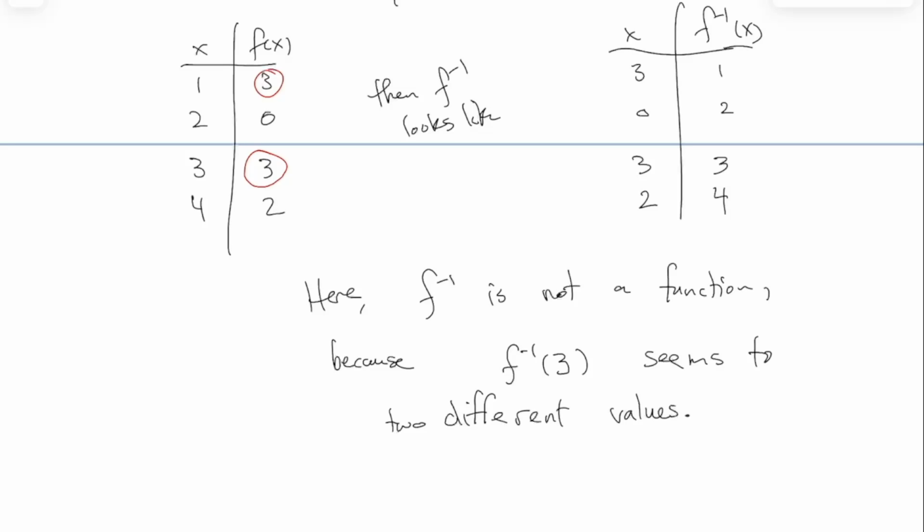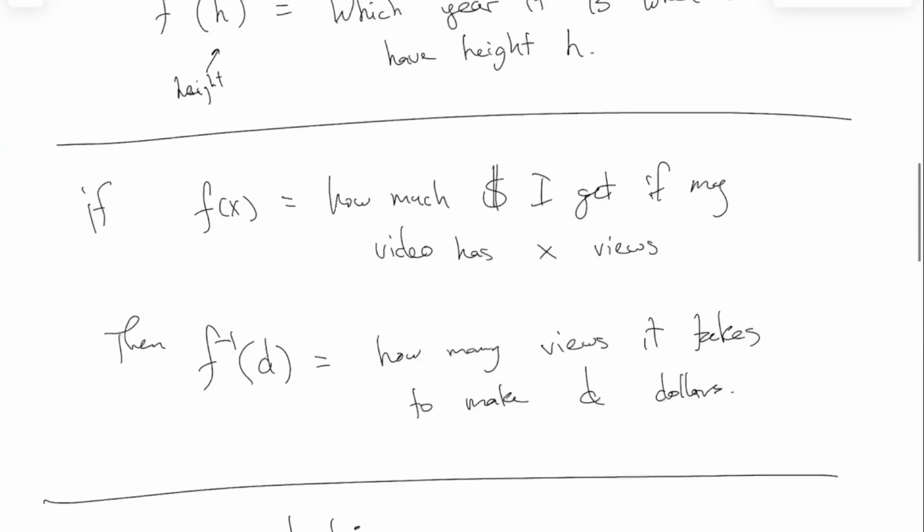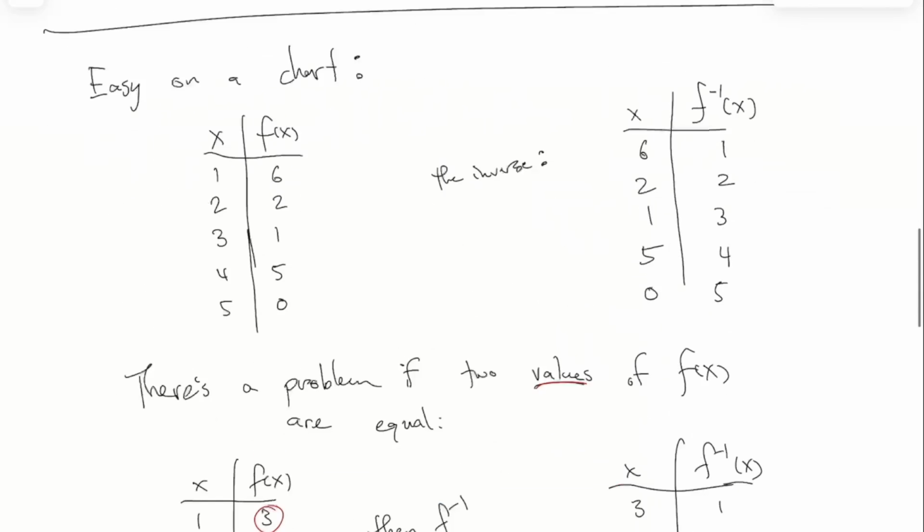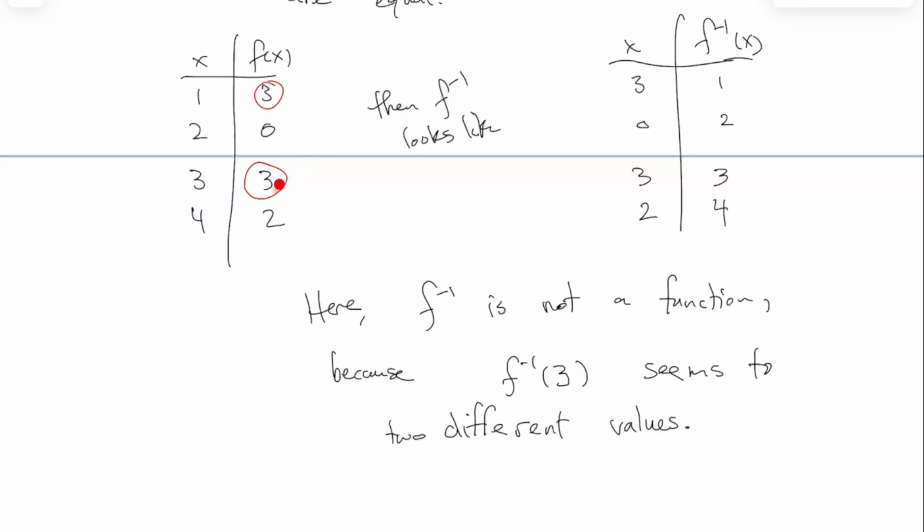All right, so this is why, I don't know if anybody thought it was weird, the very first thing that I said about this is that when f is a function, sometimes we can talk about the inverse function, but not always. What is required? This kind of thing is not allowed if you want to talk about the inverse.